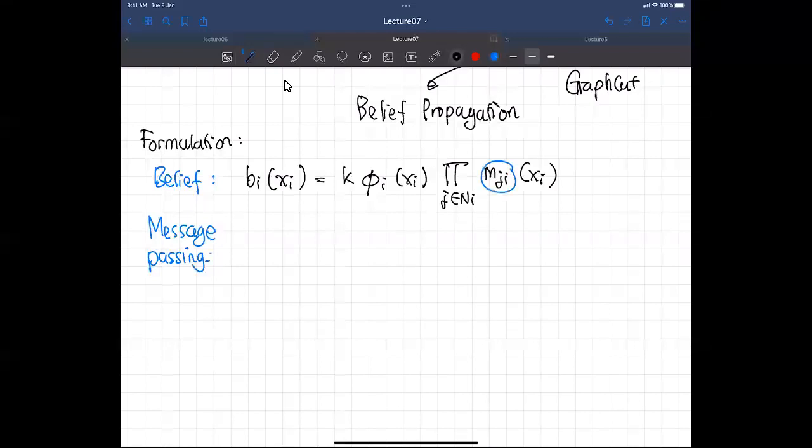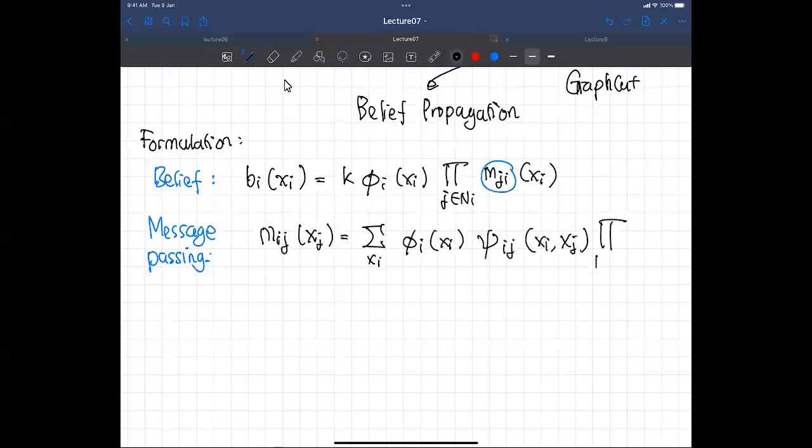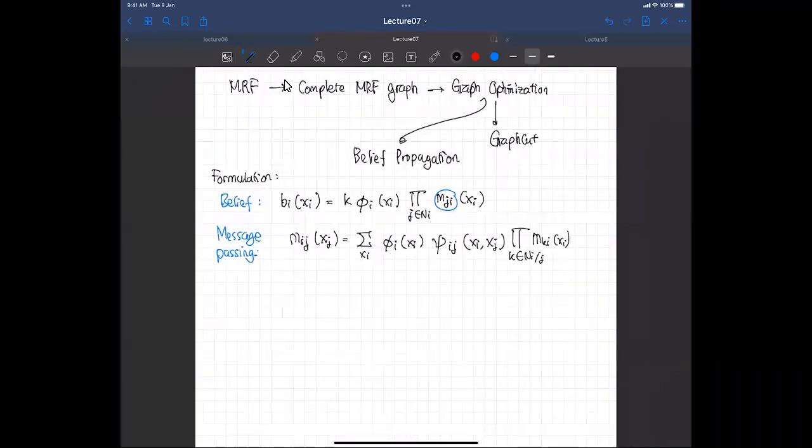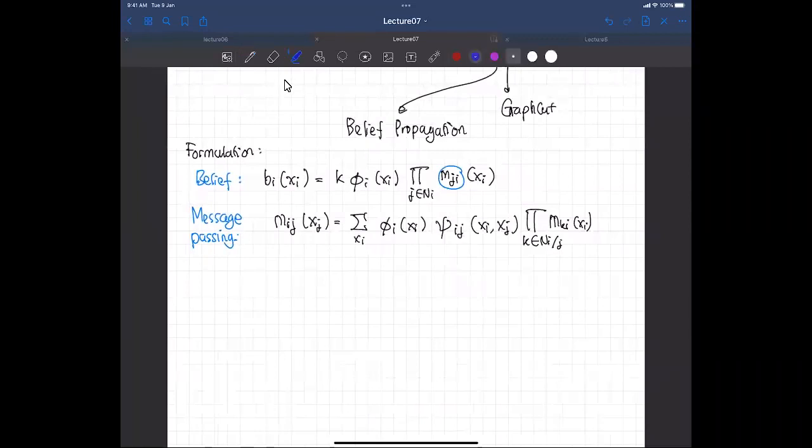And message passing is the definition of this m here. That's called message passing. So this one is m_ij(x_j) equal to the sum over x_i of phi_i(x_i) psi_ij(x_i, x_j) times the product over k neighbors of i except j of m_ki(x_i). So it looks very complex, but it's not really that much.